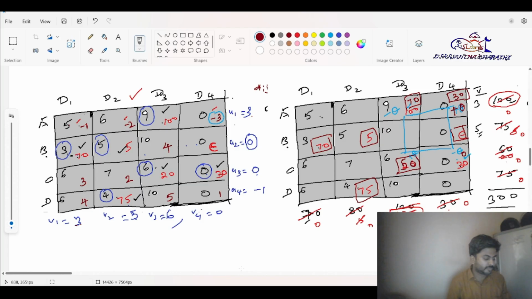Now the number of allocations equals the number of non-negative allocations.